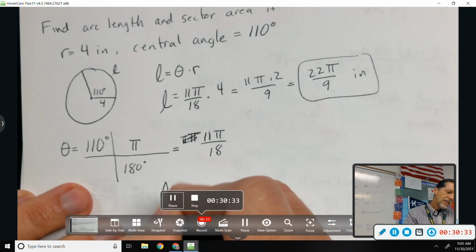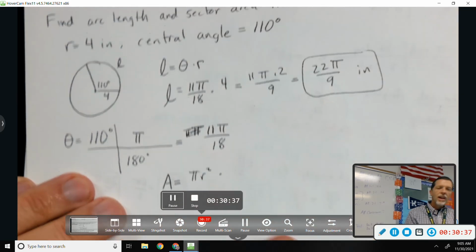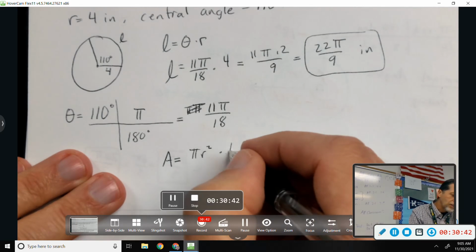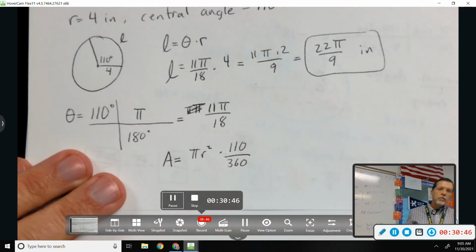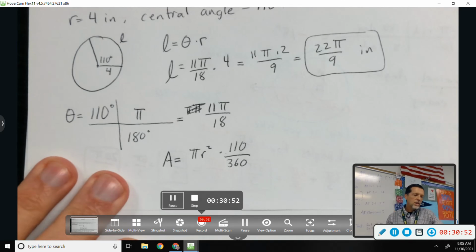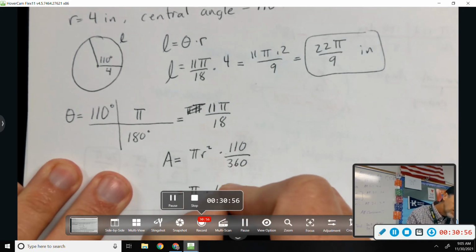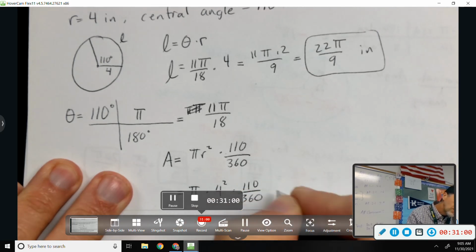The area of the sector, pi r squared. I'm more familiar with degrees. I know you're far more familiar with degrees. So I'm just going to do the area times 110 out of 360. That would give me the fraction of the circle that I want. So pi times 4 squared times 110 out of 360.